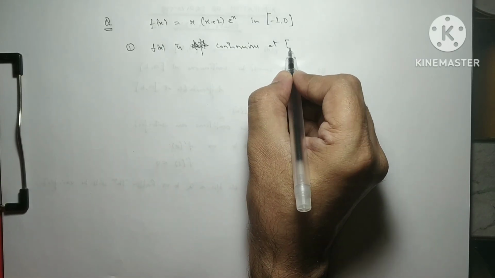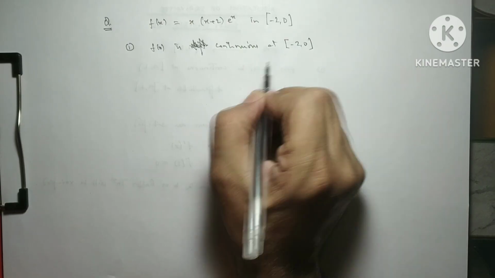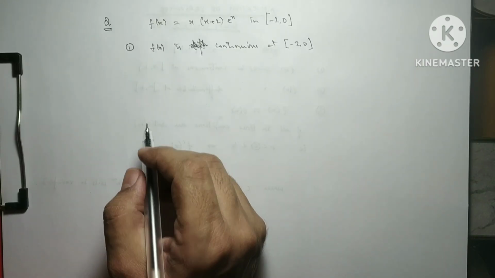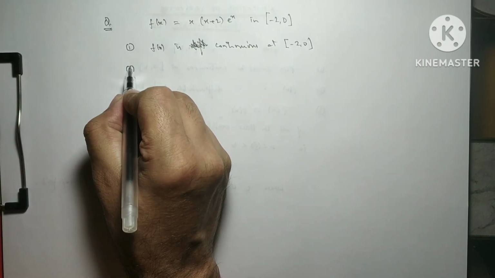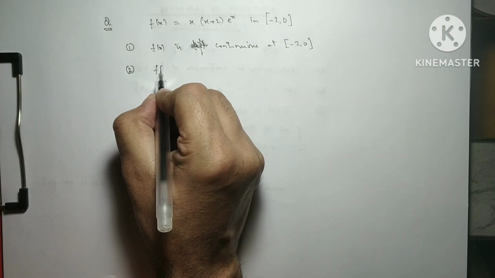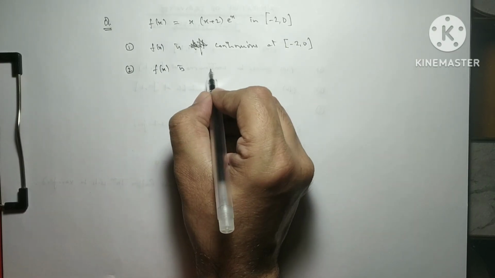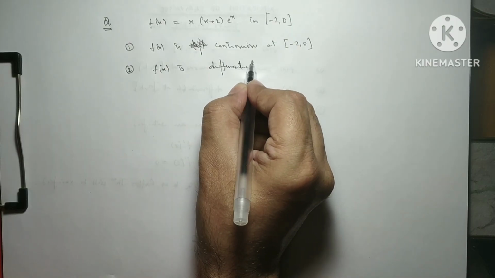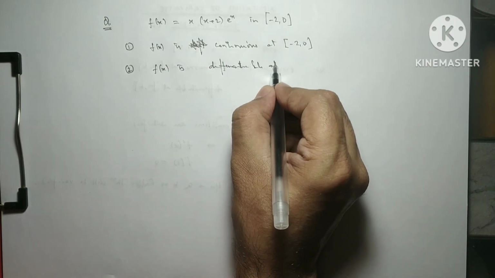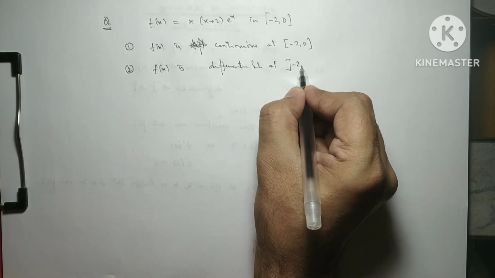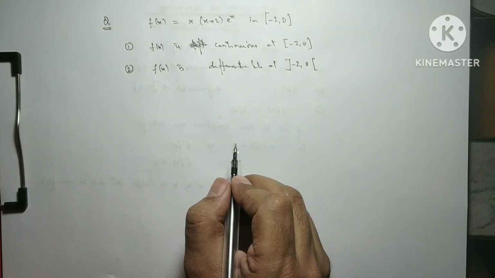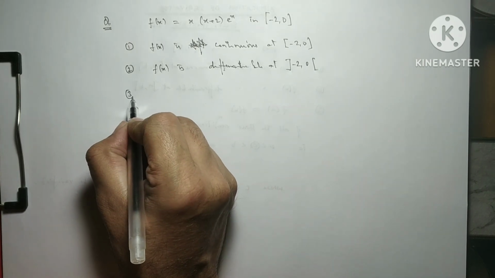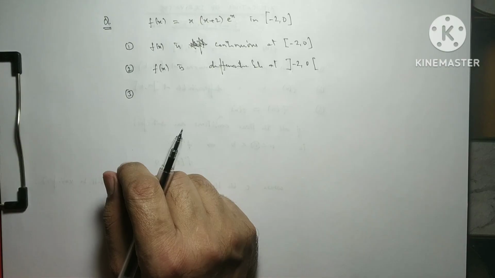Similarly, we will state the function f(x) is differentiable at open interval (-2, 0). And the third one should be proved.